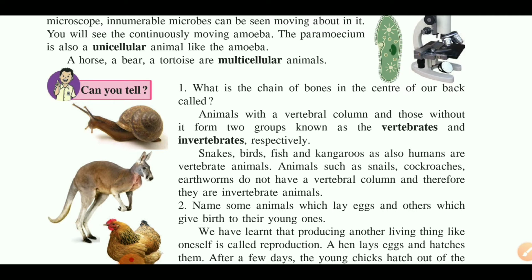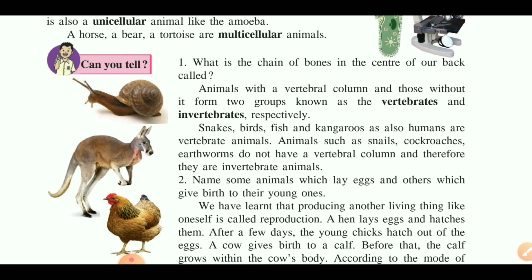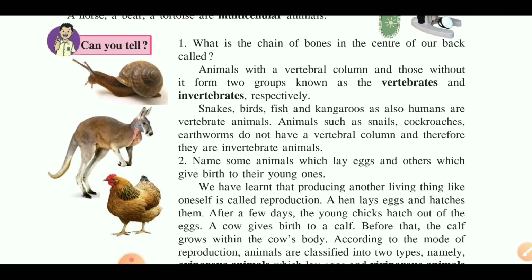Animals with a vertebral column and those without it form two groups: vertebrate animals and invertebrate animals. Snakes, birds, fish, kangaroos, as well as humans are vertebrate animals. And animals such as snails, cockroaches, earthworms do not have a vertebral column, and therefore they are invertebrate animals.